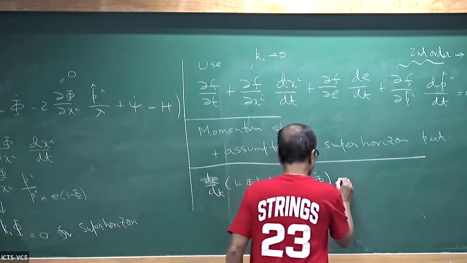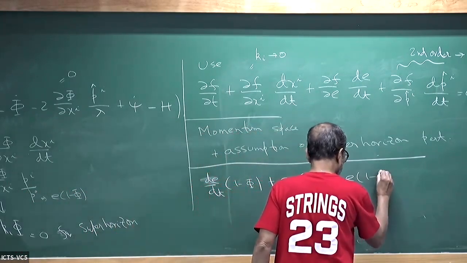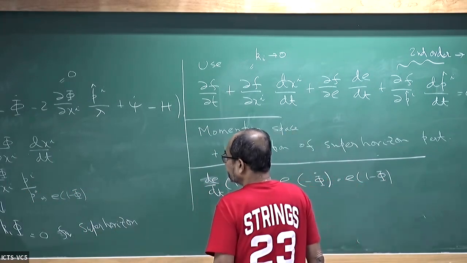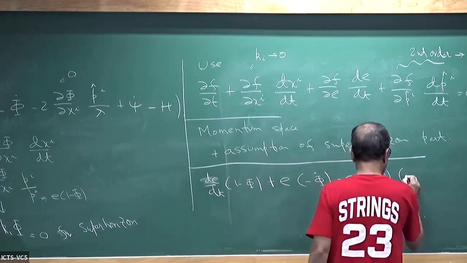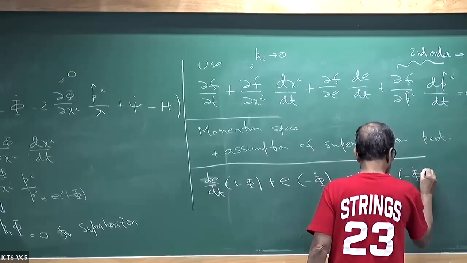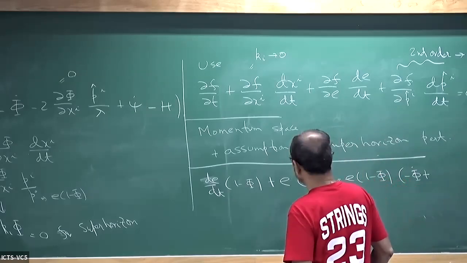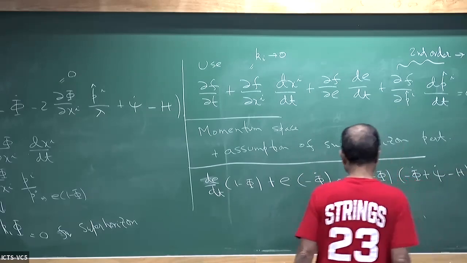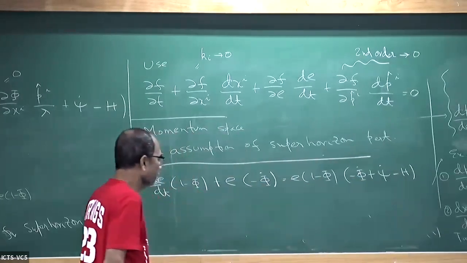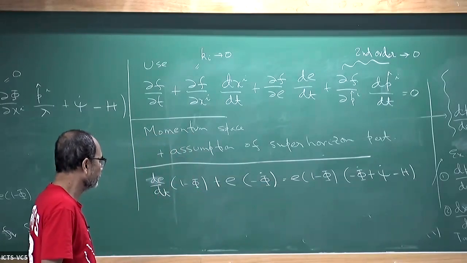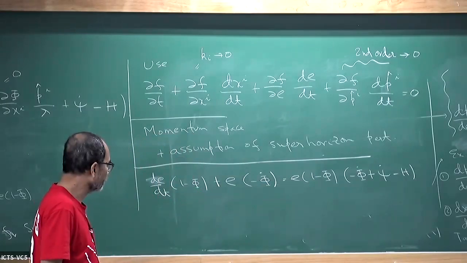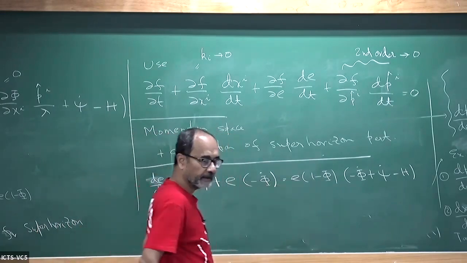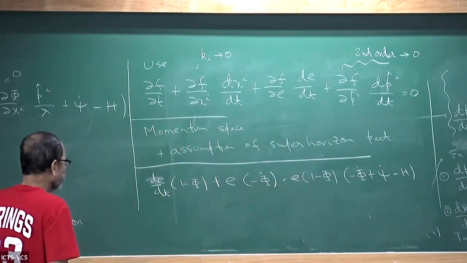This is equal to E times (1 minus phi) times minus phi dot plus psi dot minus h. Some terms cancel, as you can see. This E phi dot is common.